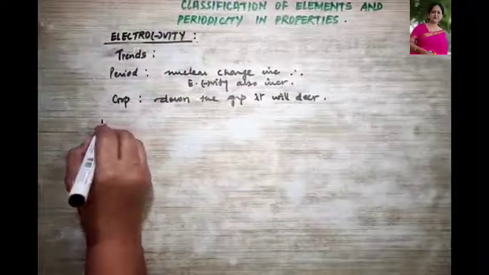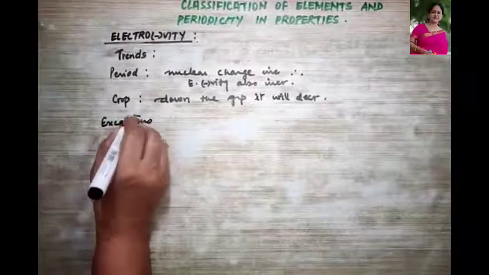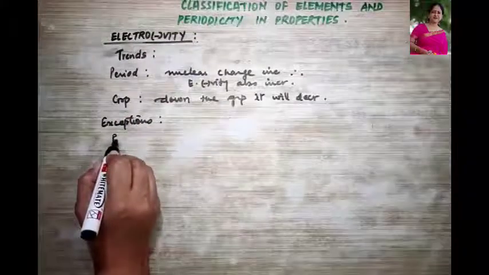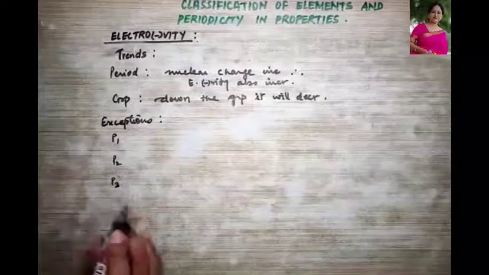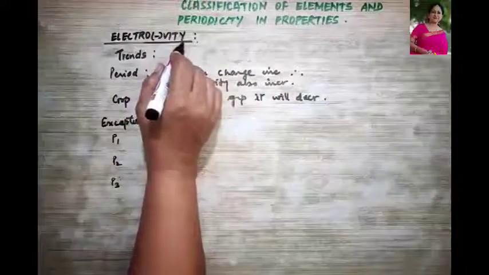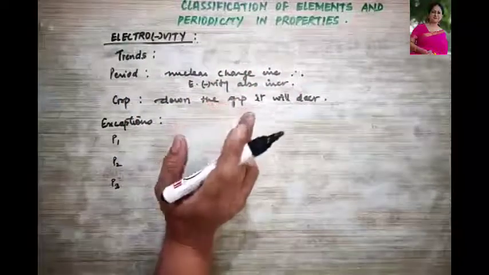Some exceptions let us understand over here. Let me talk about period 1, period 2 and period 3. Now there are two scales that we have to study in electronegativity. One was Pauling and the other one was given by Mulliken.